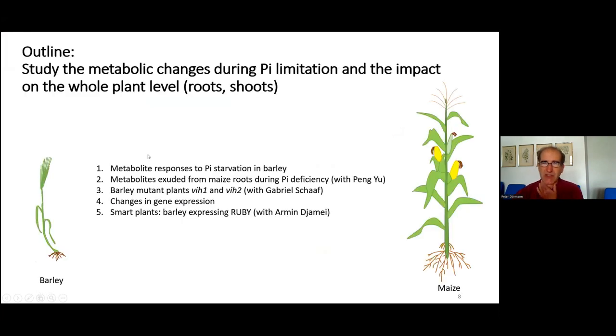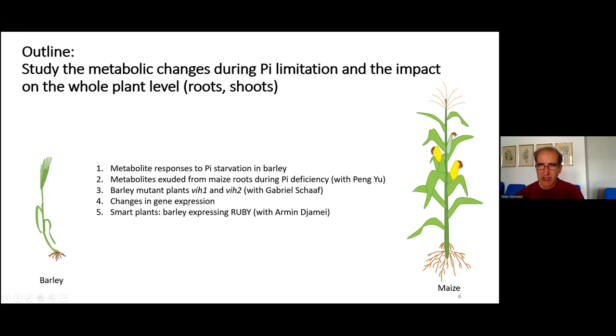Okay, the outline of our study. We first start to establish metabolic responses in barley. Our first model system is barley. We also look into the shoot and into the root exudation, but this we do with mass spec then, because it's in collaboration with Panyu. We generate mutants of these 2 enzymes, VIH1 and VIH2, together with Gabriel.